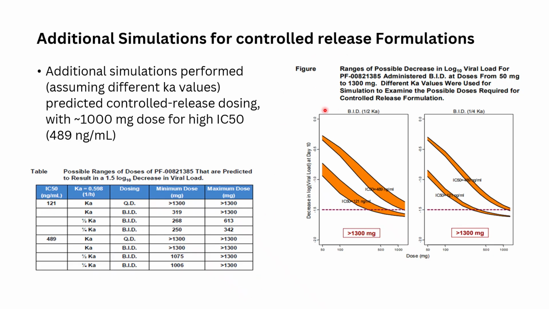So here, shown in this figure, additional simulations were performed assuming different Ka values for both IC50 targets, the low IC50 target of 121 and the high IC50 target of 489, for both QD and BID doses.